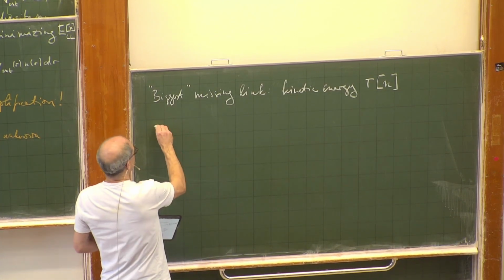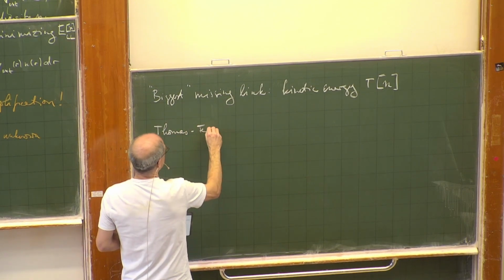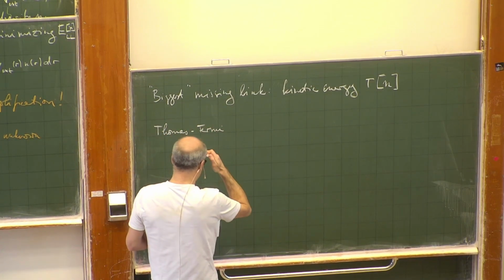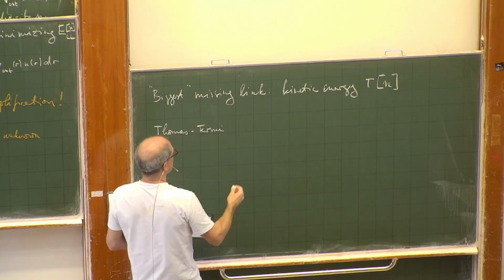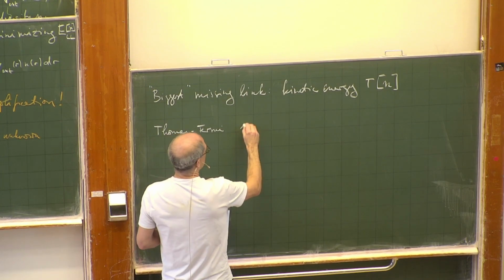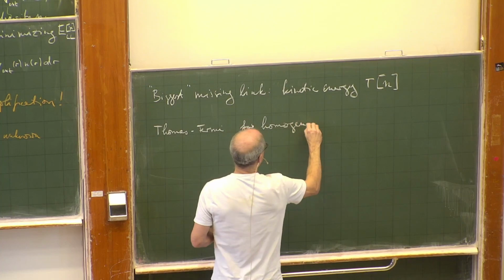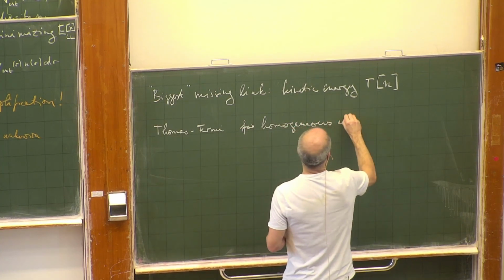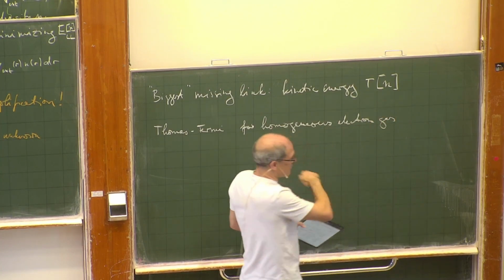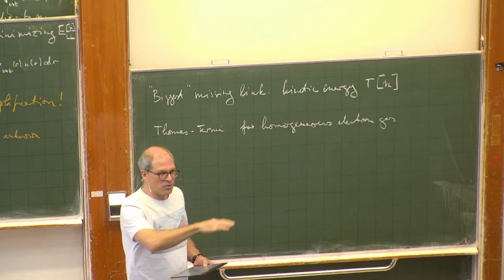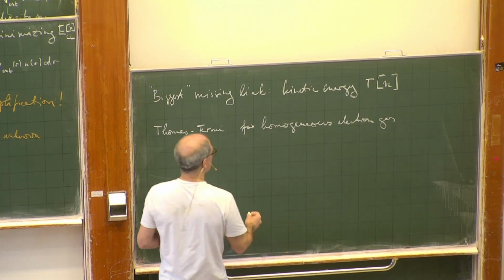It is possible to study it in limiting cases. So for example, Thomas and Fermi came up with a description that's valid for the homogeneous electron gas. So if we have electrons that experience only a flat potential, then it's possible to derive it in closed form.